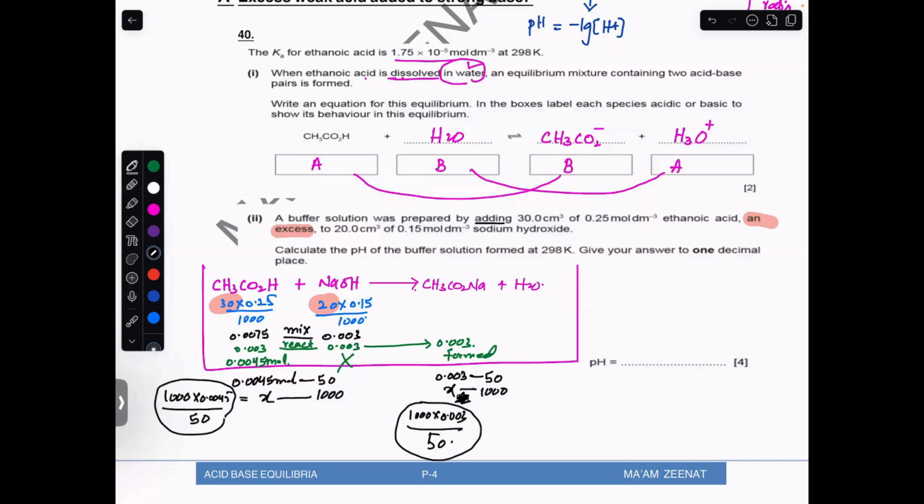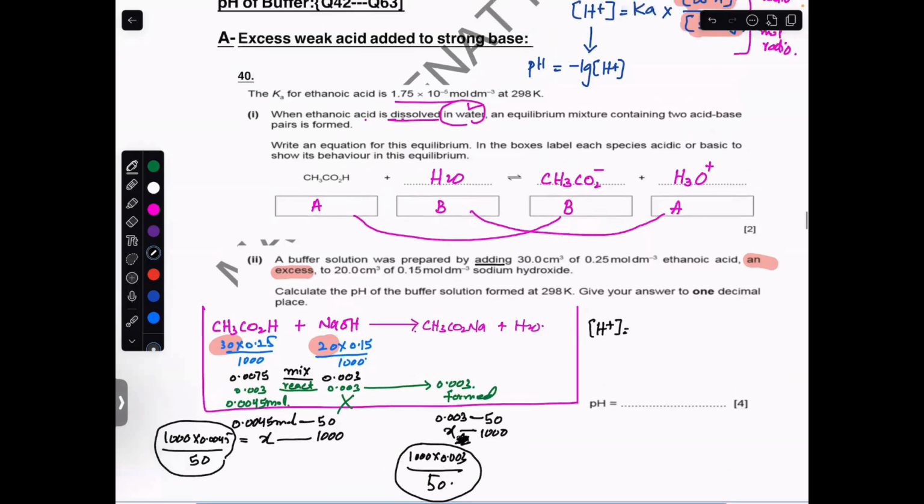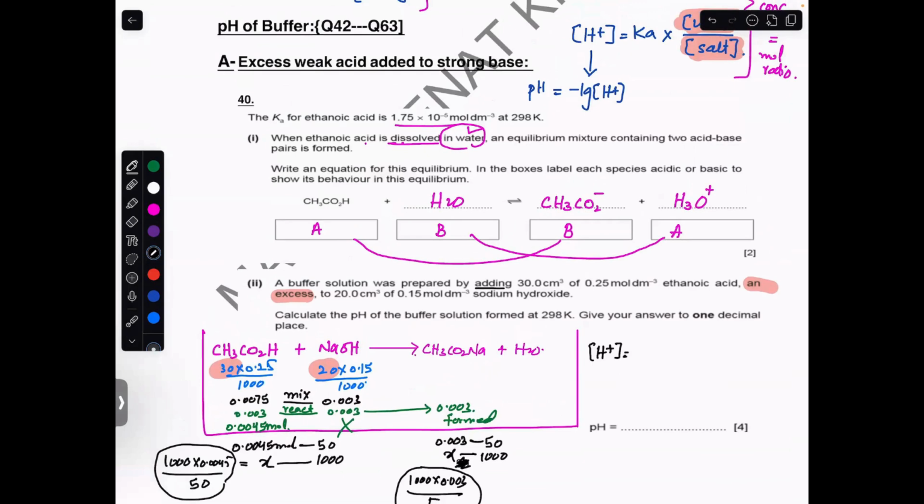if I use this in the formula, H plus is equal to Ka into weak acid over salt.